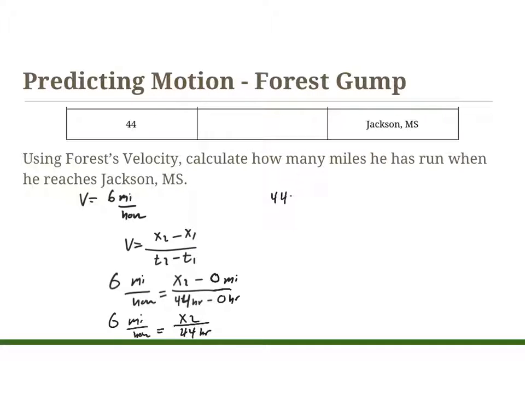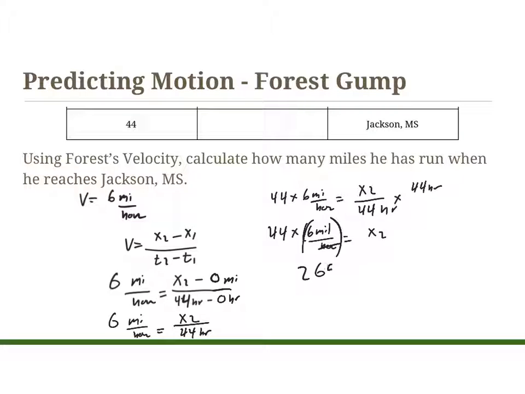So 44 times 6 miles per hour equals x2. 44 times 6 gets rid of hours, and I'm left with 264 miles when he gets to Jackson, Mississippi.